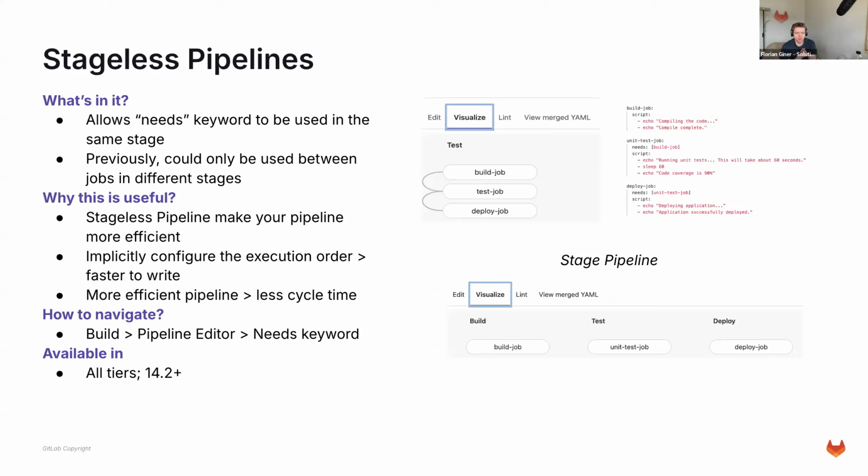You don't need to explicitly configure the execution order, so it's a bit faster to write. You don't need to fiddle around with the stages. And a more efficient pipeline means you have less cycle time, you might get faster deploys and bring value to the customer even faster.